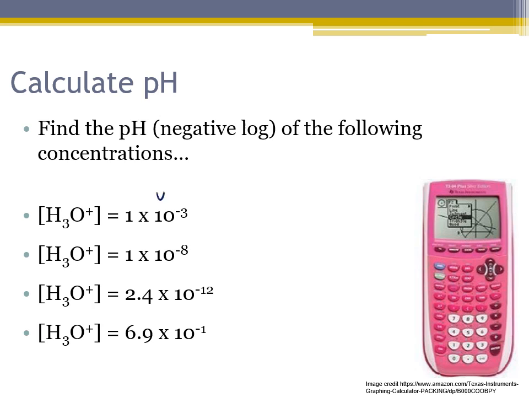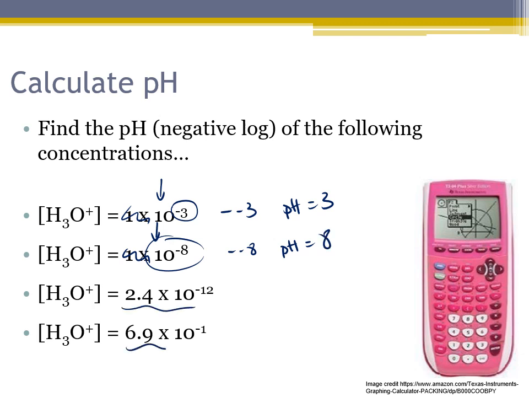Answers. For these first 2, you don't need to use your calculator because it's 1. You can ignore that. The exponent is a negative 3, so negative 3 means that the pH is equal to 3. Here, negative 8, the pH is going to be equal to 8. These ones we do need to use a calculator, so negative log of 2.4 times 10 to the negative 12 gives you a pH of 11.62 when we check our sig figs.